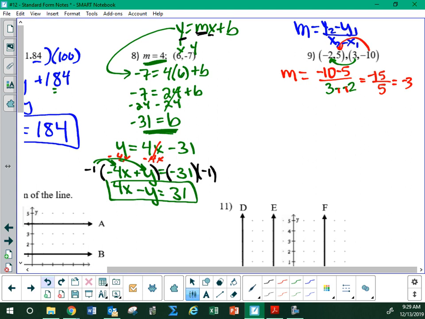You get to pick which point. I just use the first one. So my y value is 5, my slope is negative 3, my x value is negative 2, and I don't know my b. So I'm just plugging in my y, my m, and my x. Questions on what I'm substituting in there to find b?